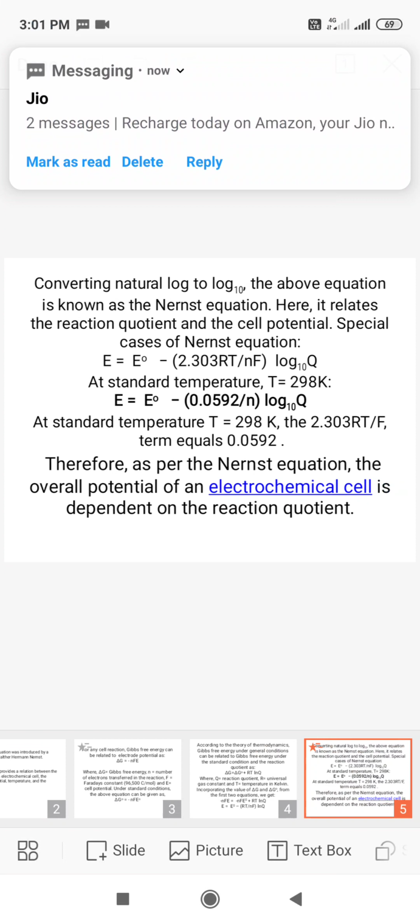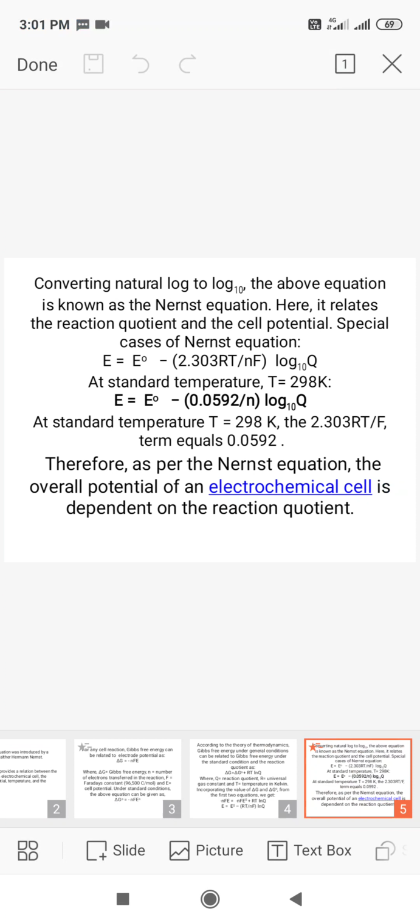The above equation can be written as E equal to E naught minus 2.303 RT divided by nF into log to the base 10 of the reaction quotient. This is known as the Nernst equation.